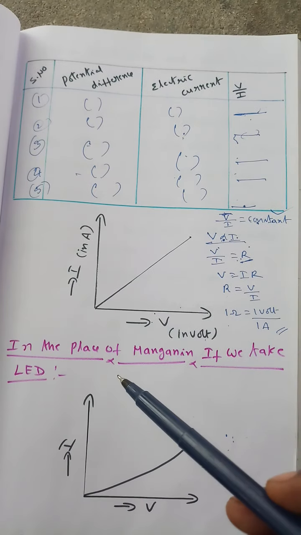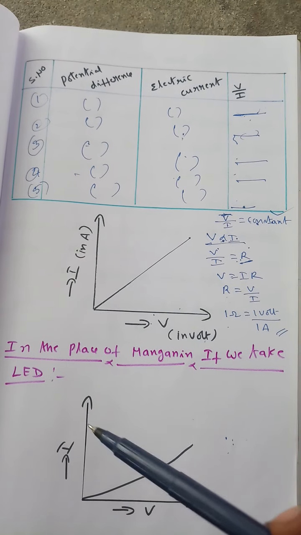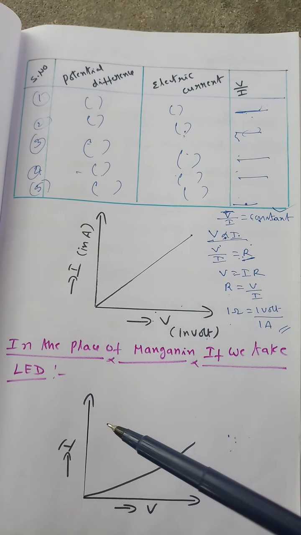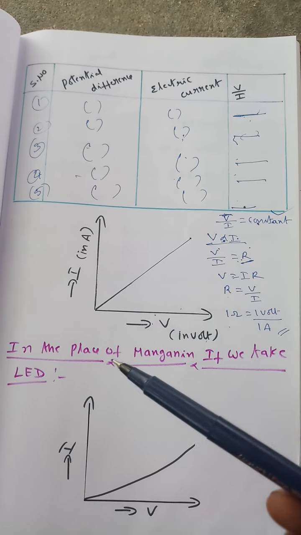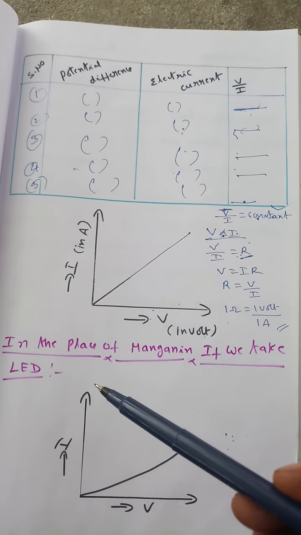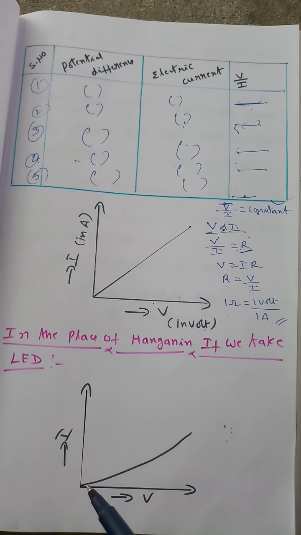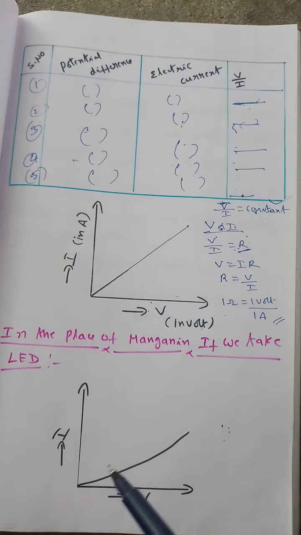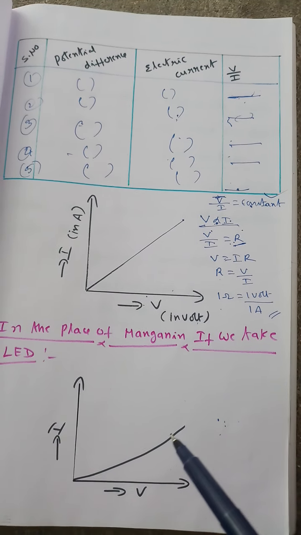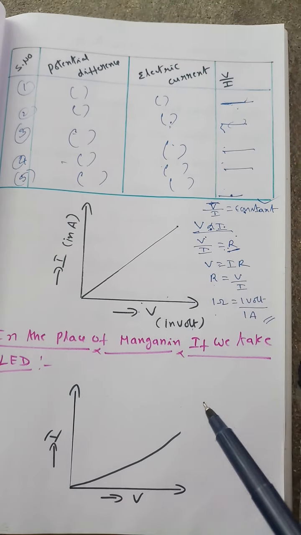If we draw the graph between the potential differences and the electric currents with an LED in place of the manganese wire in the circuit, then we get a graph that is not a straight line, but instead a curved graph in this way.